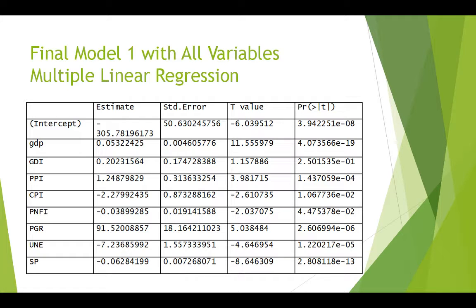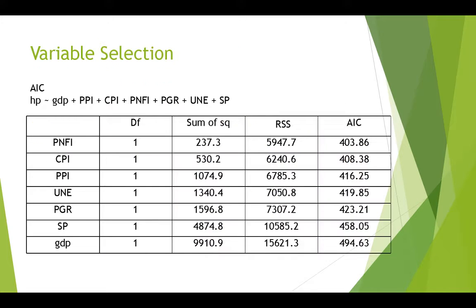To get our final model, firstly, we plug all the variables into one multiple linear regression model. From the regression result, we can see that all the variables are significant. Then we do variable selection to narrow down our original model. By using AIC stepwise, we can remove GDI from the whole model, and we get the regression result with the remaining 7 variables, which are GDP, PPI, CPI, PNFI, PGR, UNE, and SP.